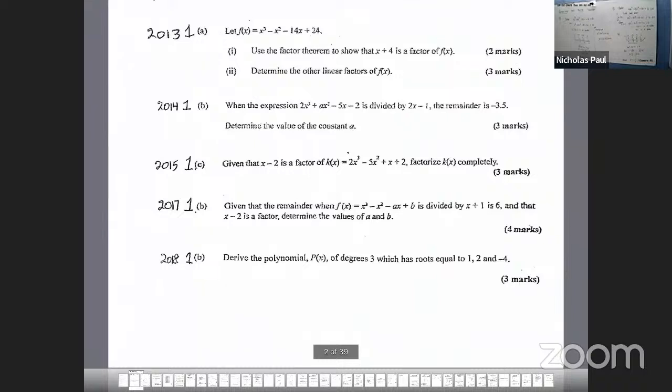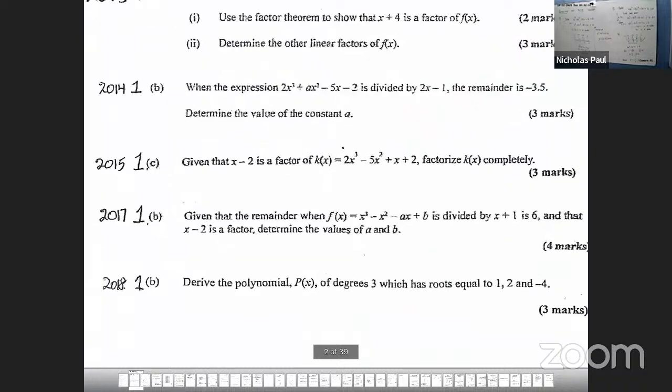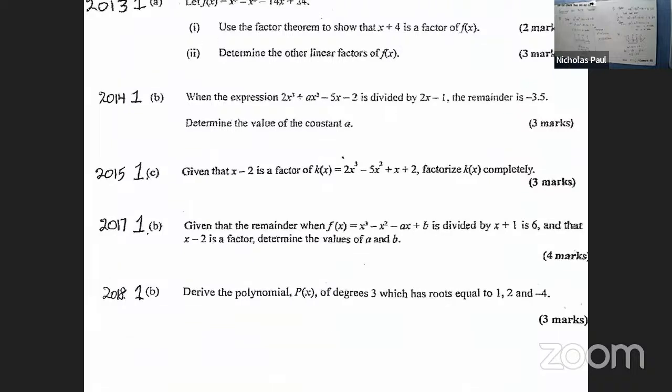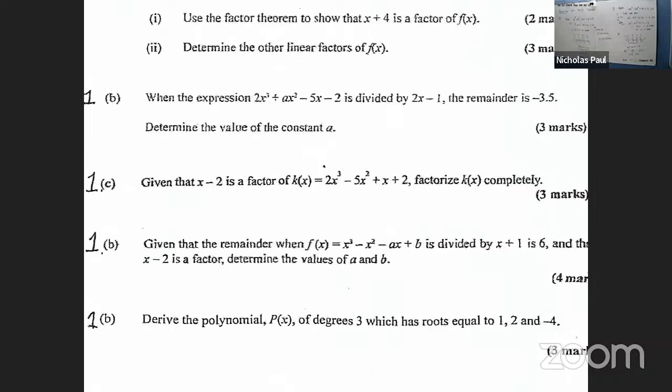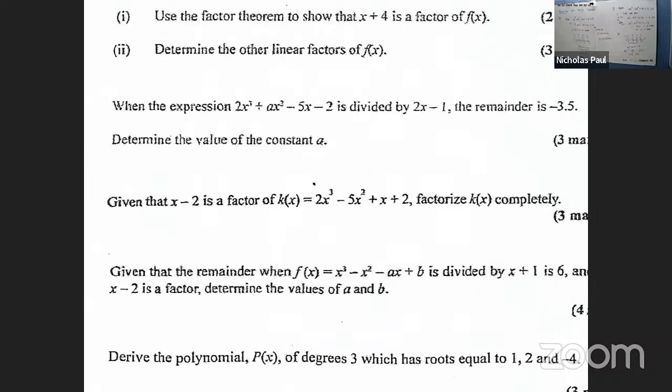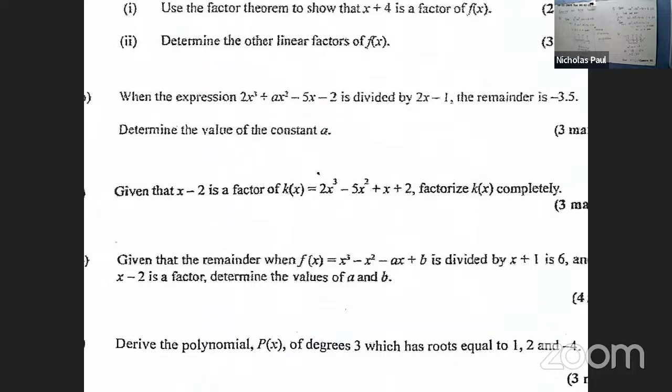All right, let us try 2014 number 1. I'm going to try and pull up 2014 number 1.